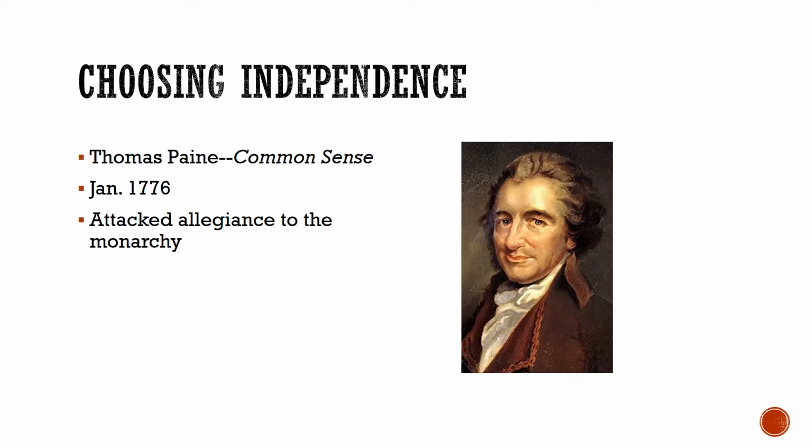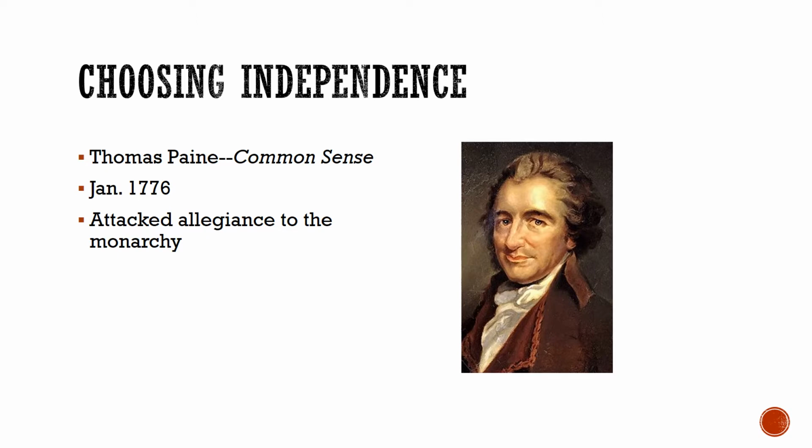An important moment comes in January of 1776 when Thomas Paine, a recently arrived English immigrant, wrote a 50-page pamphlet in which he attacked allegiance to the monarchy. This was one of the things that was really hanging people up.